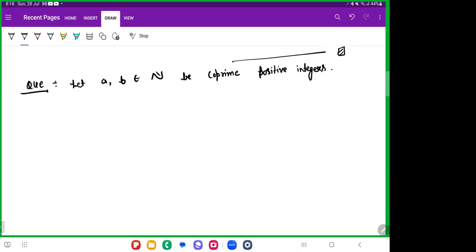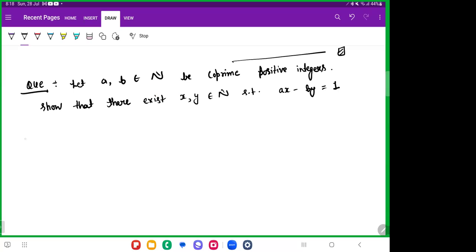Show that there exist x, y belonging to the natural numbers such that ax minus by is equal to 1.